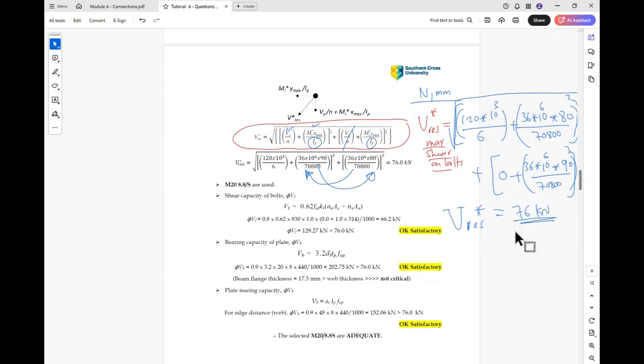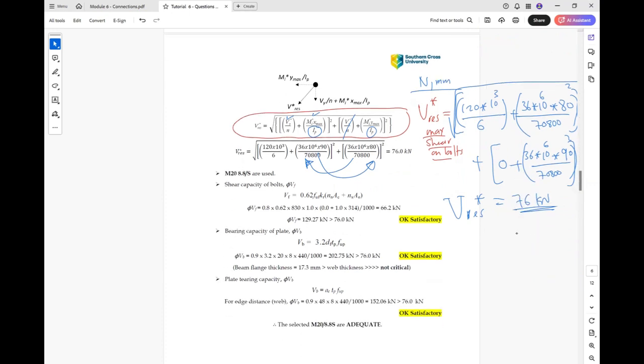After we get the resultant force, it will be similar to what we have done in the previous example. So we have the bolt under shear. The shear capacity of the bolt is Vf equals 0.8 phi times 0.62 fuf times kr times (nn Ac plus nx Ao). Why is fuf 830? Because the bolt is 8.8. Kr is taken as 1.